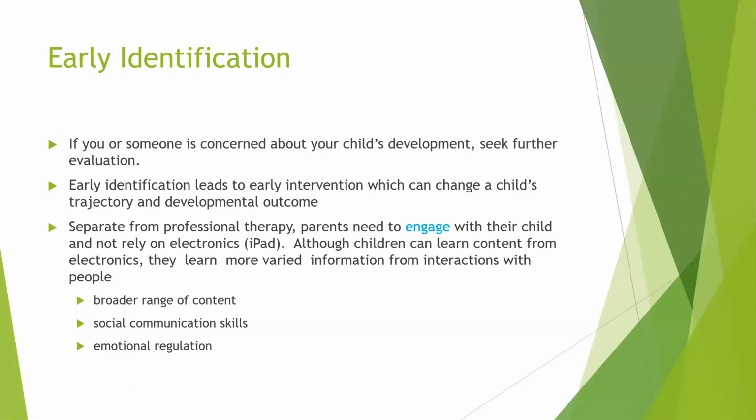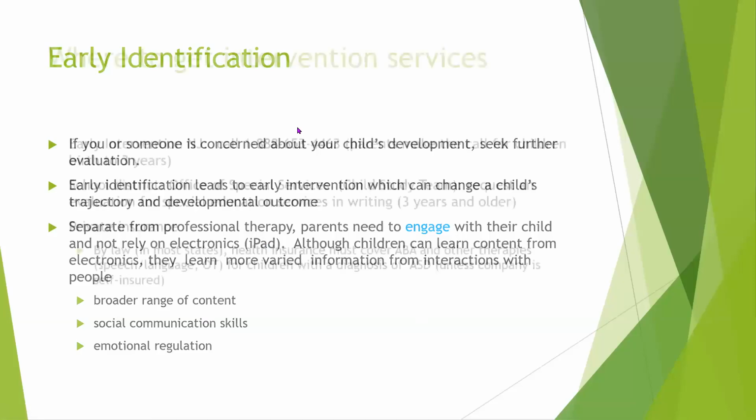Although children can learn a lot of educational content from electronics, they really learn best and more successfully through various modes of information delivery. And that is what you get out of direct people-to-people interaction. That is where they learn to regulate their emotions and their social communication skills.